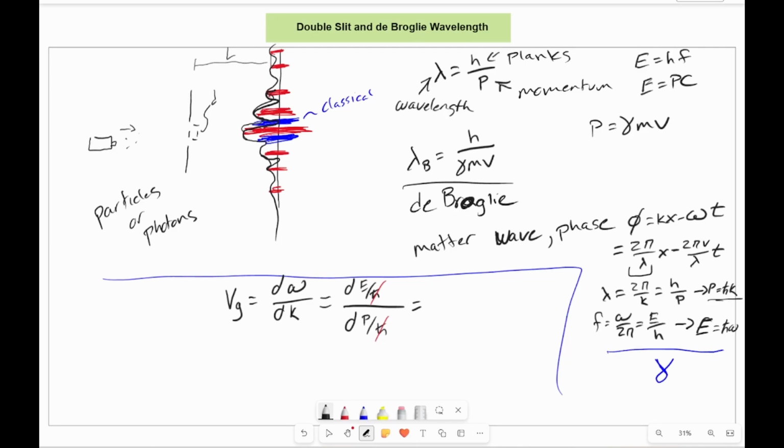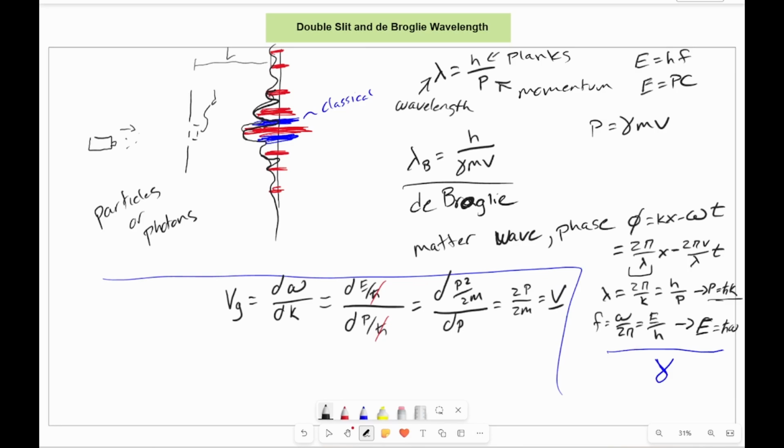And then they'll, for some reason, say, well, even though we just used the relationship with the photon, we can come in here and put the kinetic energy in here, which is p squared over 2m for a particle, non-relativistic solution here. And that simplifies to mv.